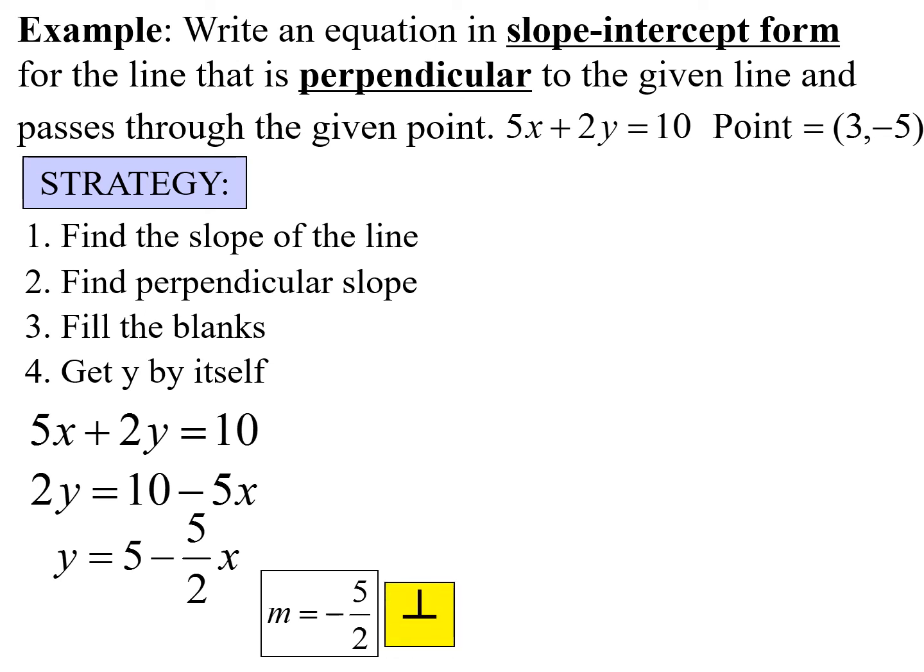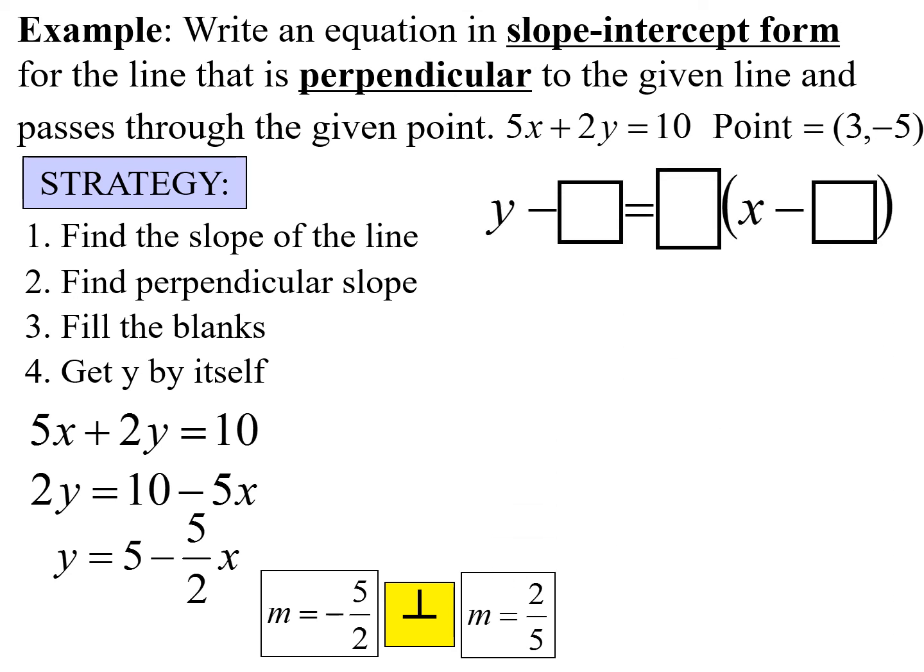Now my perpendicular slope is going to be the opposite reciprocal. The opposite of a negative is a positive, and the reciprocal would be 2 over 5. So my perpendicular slope is going to be 2 over 5. I'm going to set up point slope form. So we have y minus y1 is equal to m times the quantity of x minus x1.